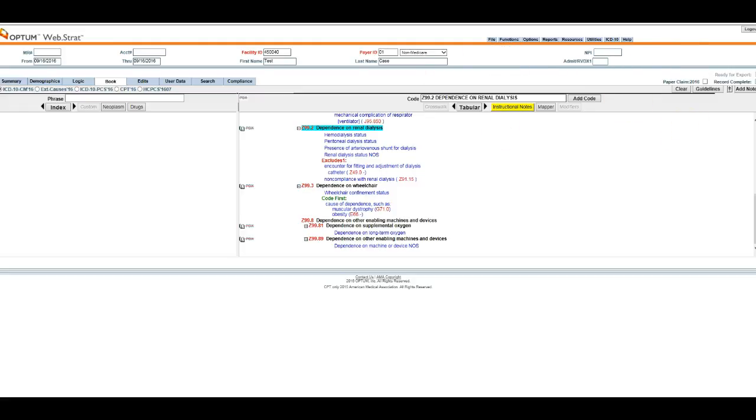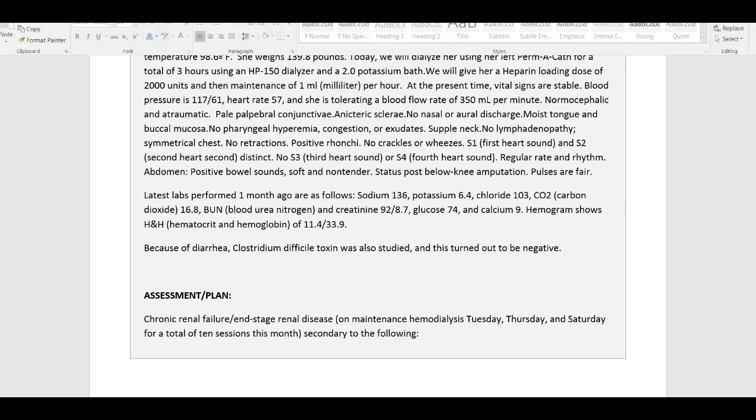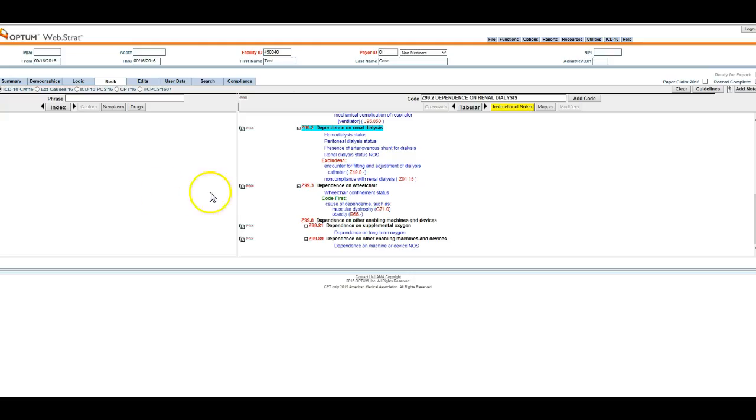Now you want to review your case and abstract the same way that I did. Make sure you review the guidelines and all the notes associated with the coding rules, just like I did. Look at the little notes. Code this, excludes this, includes this.